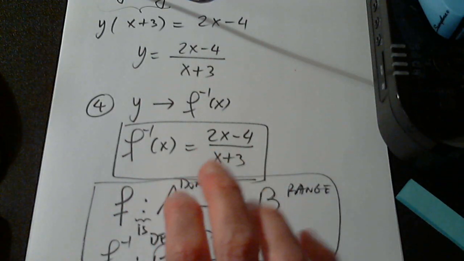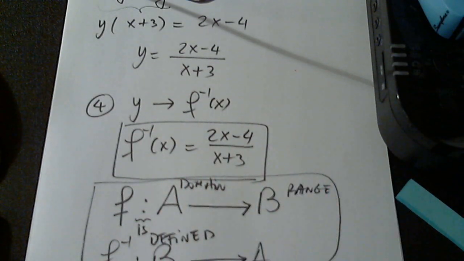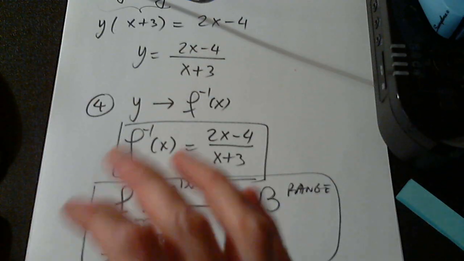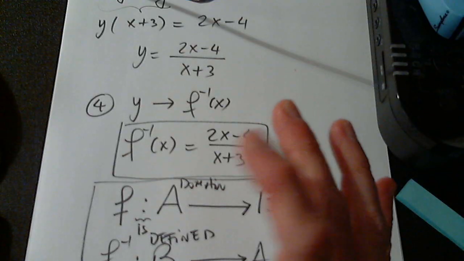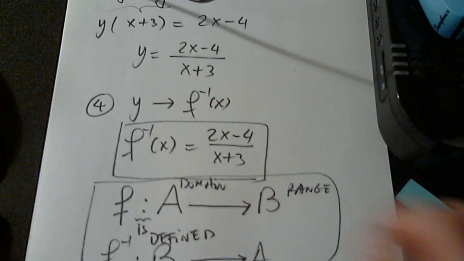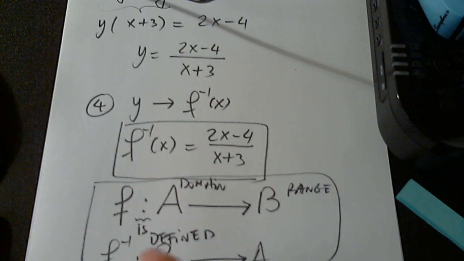f brings candy to Halloween, and f inverse takes Halloween back to candy. That's the definition of the inverse function. f takes, I don't know, a trip from point A to point B. The inverse goes back from point B to point A. To be inverses of each other, the domain of f inverse is the range of f.